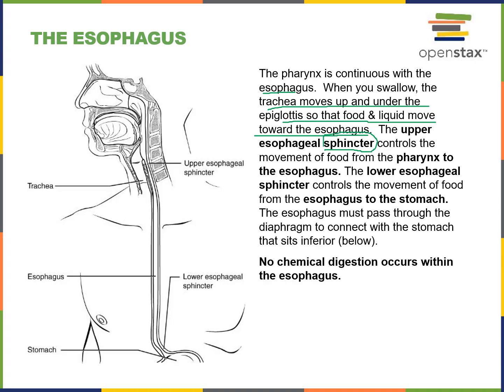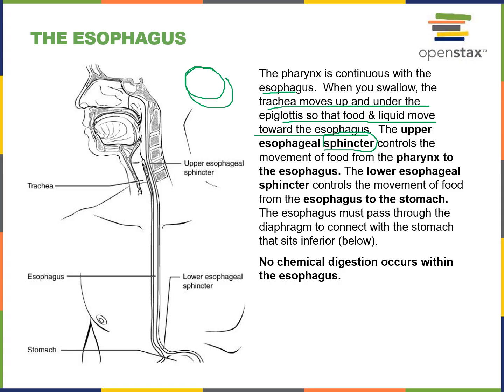The circular layer of smooth muscle can become condensed, thickened, to form a structure called a sphincter. A sphincter functions like a valve. You met valves in the cardiovascular system, and valves help to control the flow of something, in that case the flow of blood. Here, the sphincter is controlling the flow of the food.